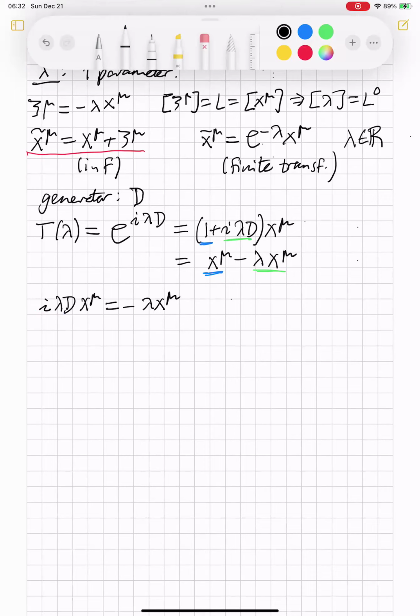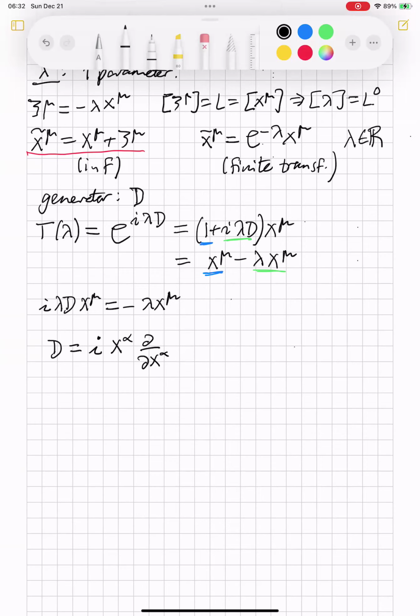Okay, good. From this, it's pretty easy to see exactly what D is. So let me just write it down. You can easily check this. So we've got an i. Of course, the i is going to combine with the i on the left-hand side to give us a minus on the right-hand side. And then we've got x alpha d by dx alpha.